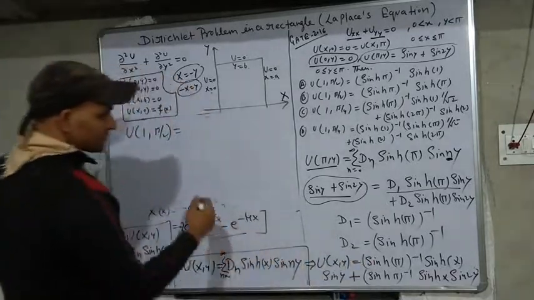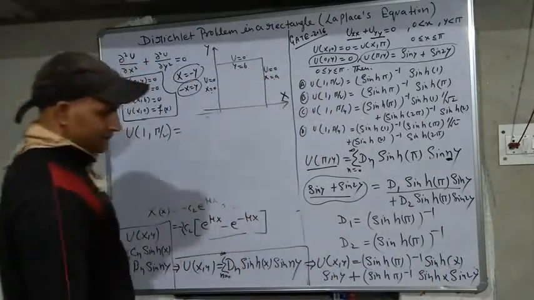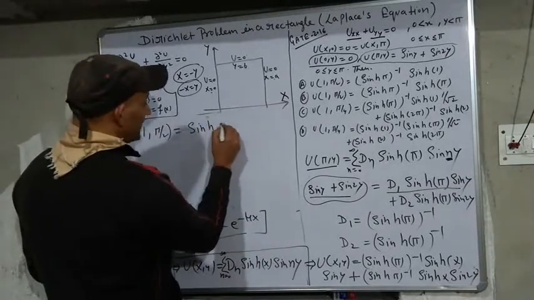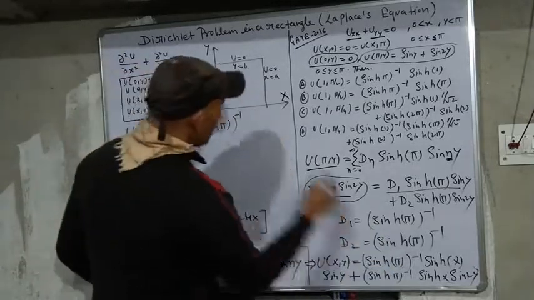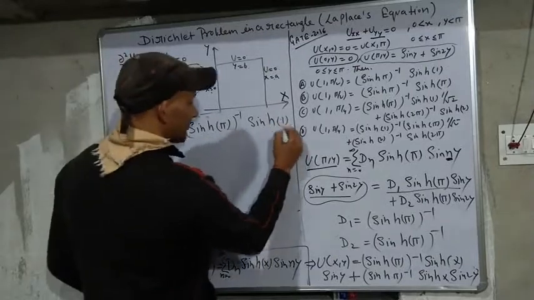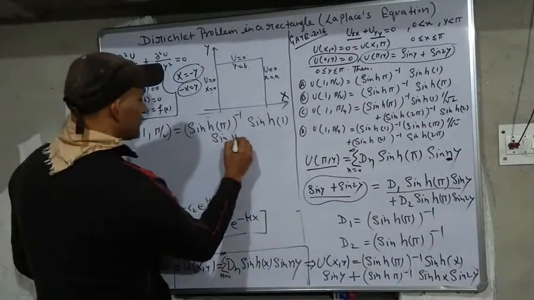In place of x you put 1, so sine hyperbolic pi inverse into sine hyperbolic 1, into sine y, which means sine pi by 2.